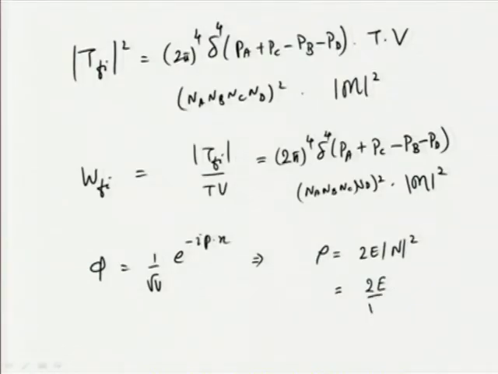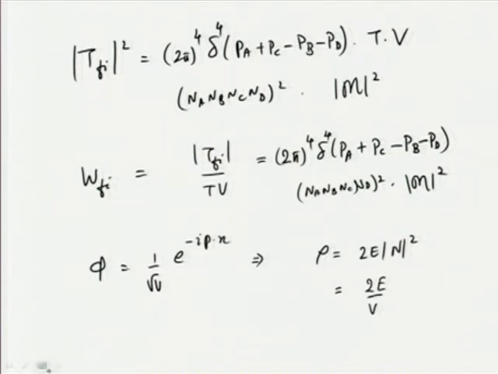In the case of the Klein-Gordon equation, we had obtained ρ equal to 2E N squared as our probability density, or if you multiply it by e, it will be charge density, that is, the number of particles. So this is 2E over V. This says that there are 2E particles in volume V, so the density is 2E over the volume V. That is one way to interpret this.